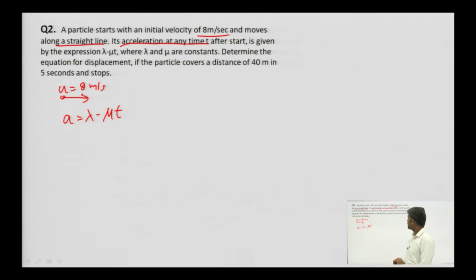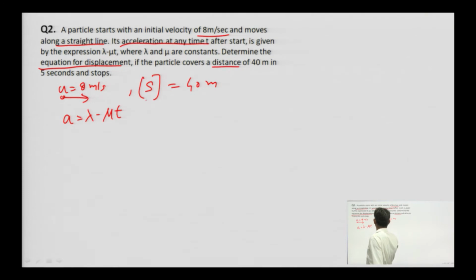Lambda and mu are constants. Determine the equation for the displacement if the particle covers a distance of 40 meter in 5 seconds. Actually displacement is equal to 40 meter and t is equal to 5 second.